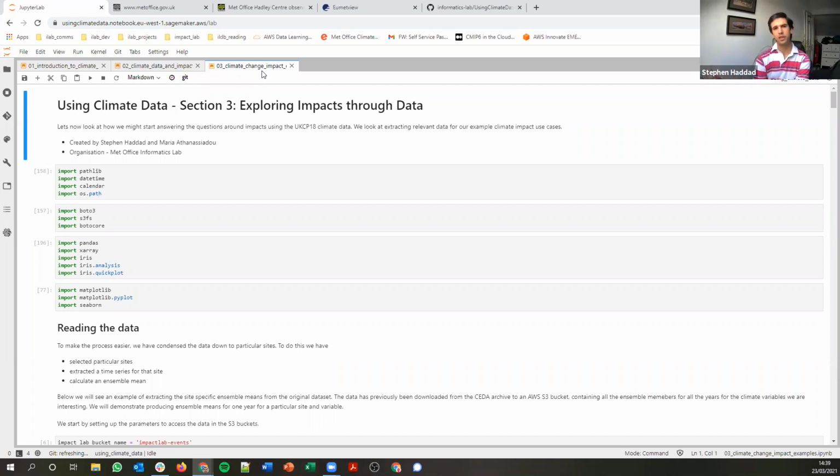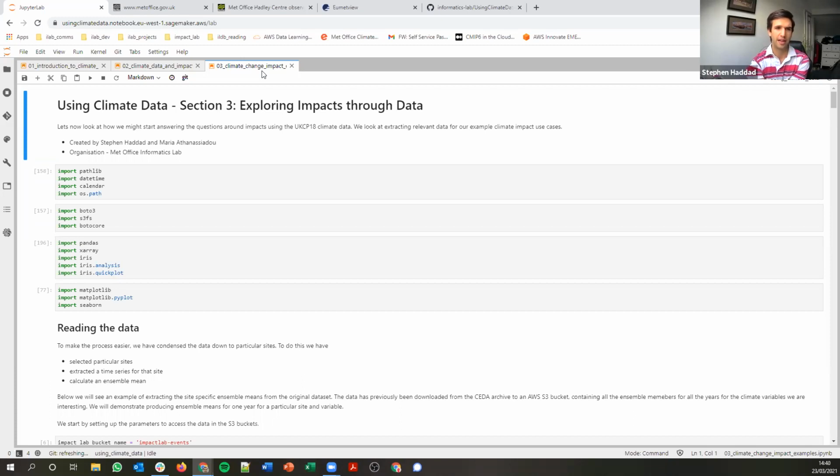Okay, so now we're going to be looking at using some very standard Python packages. This is one of the easiest ways to do this sort of data science work, using those standard data sets we've looked at so far to explore what the climate data says about our particular business impact questions.